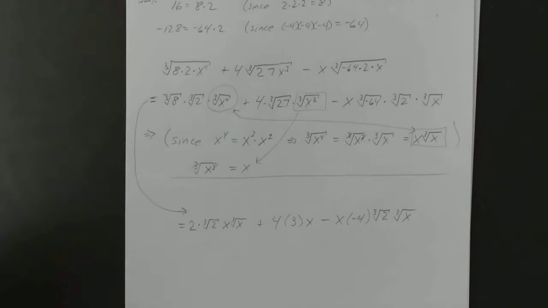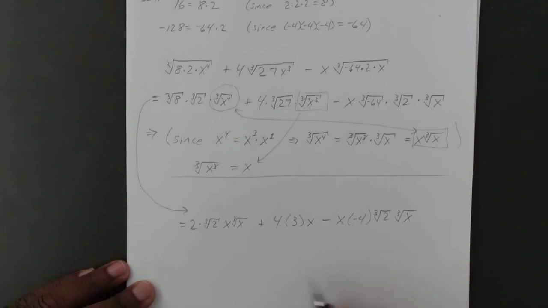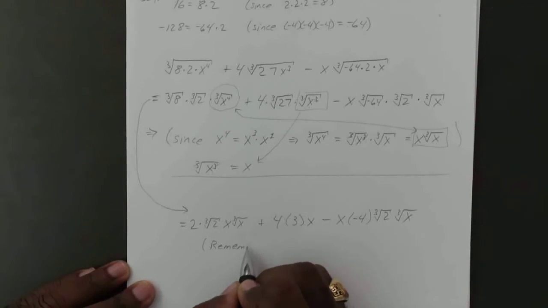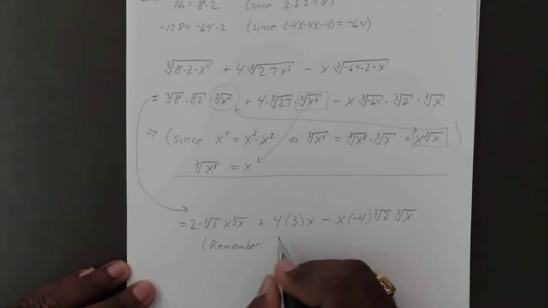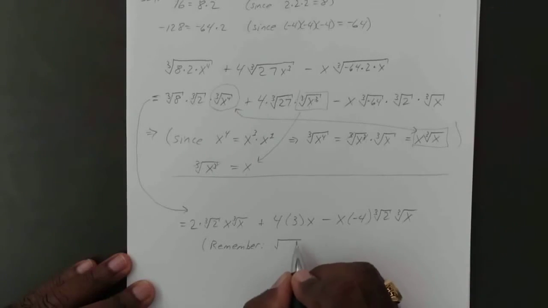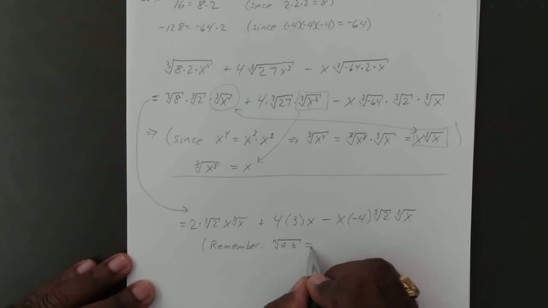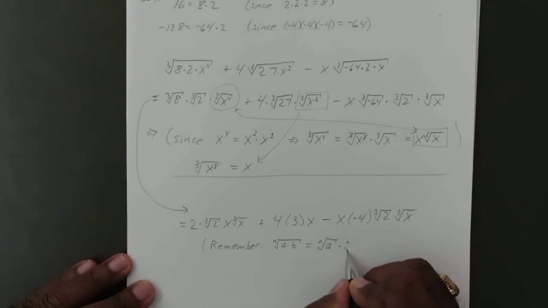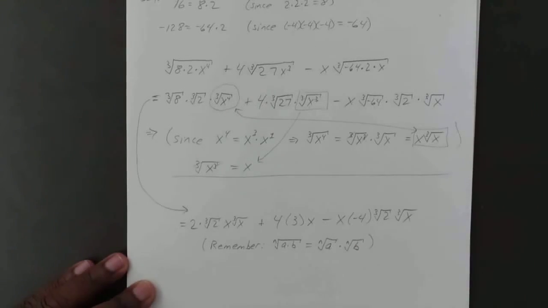Now remember, part of the multiplication property: if you have the nth root of a times b, that's equal to the nth root of a times the nth root of b.